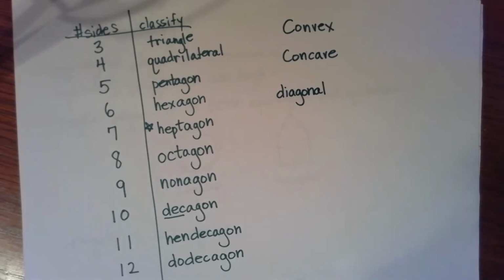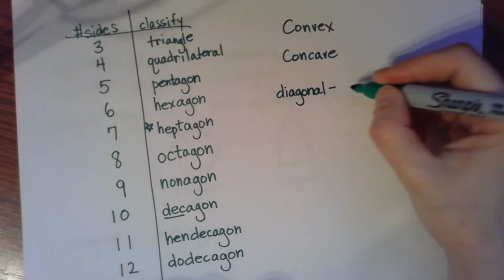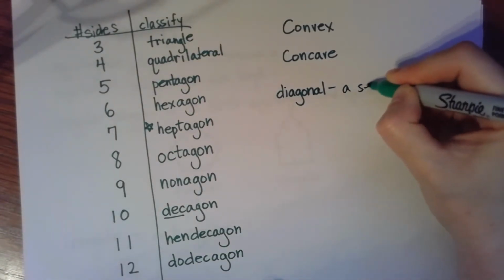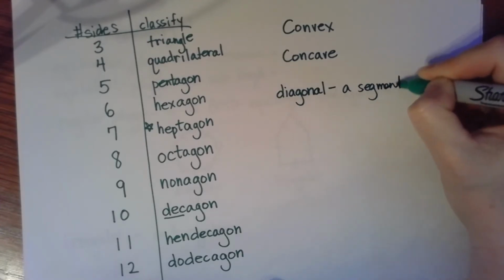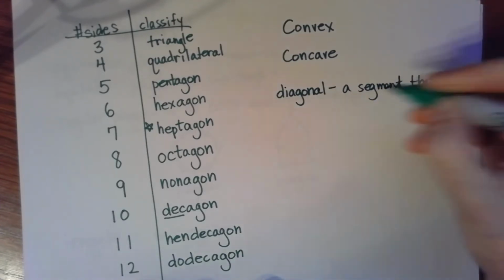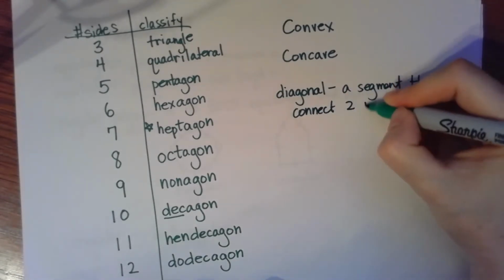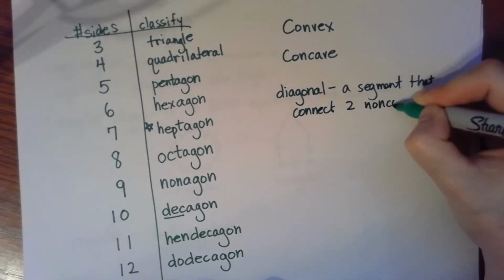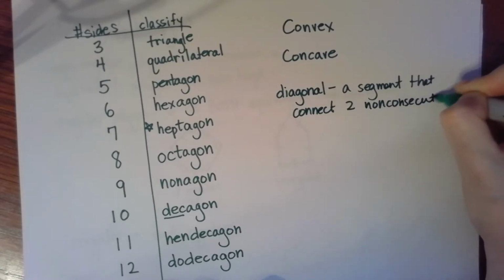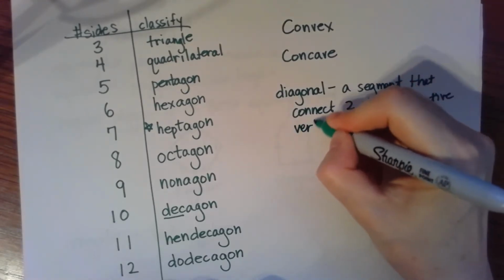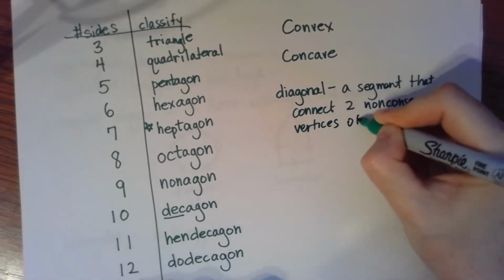So the diagonal of a polygon is a segment that connects two non-consecutive vertices of the polygon.